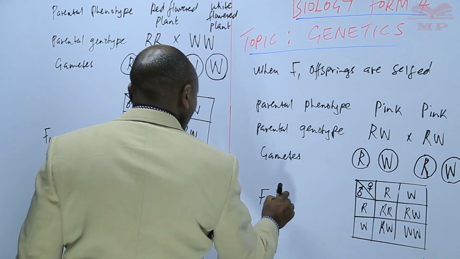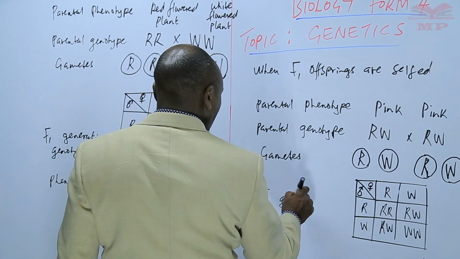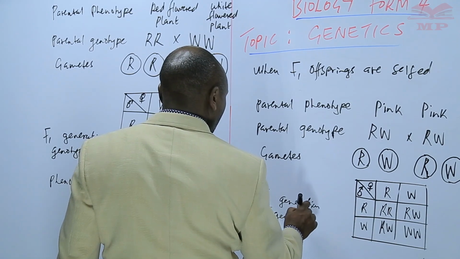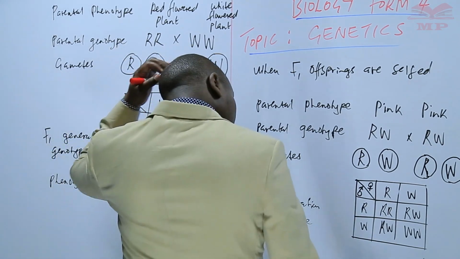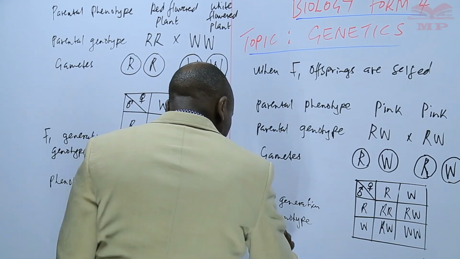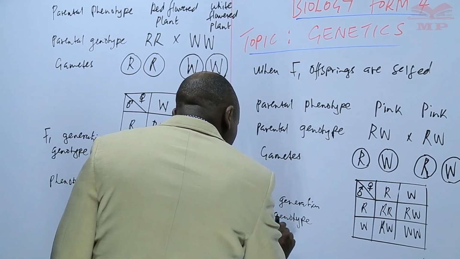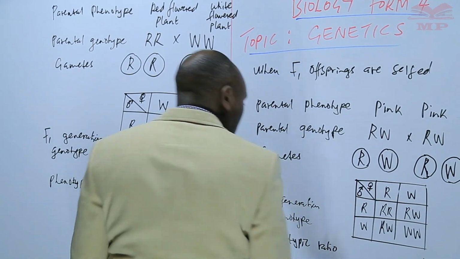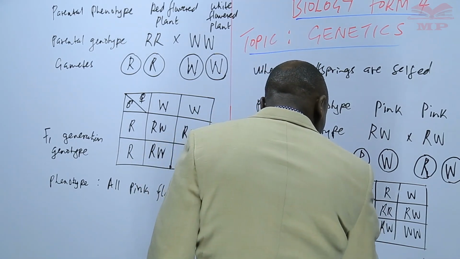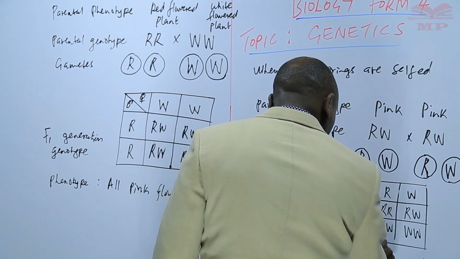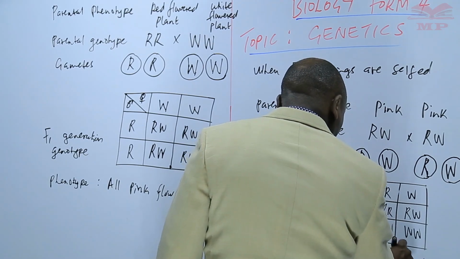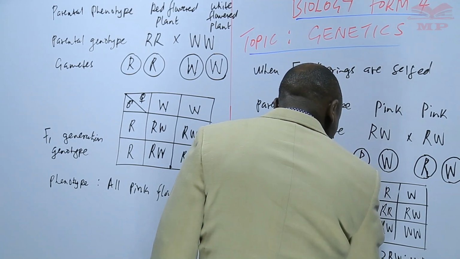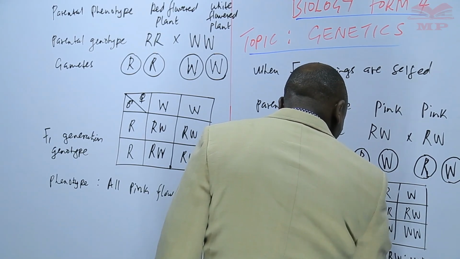This is the F2 generation genotype. So the genotypic ratio is 1 RR, 2 RW, and 1 WW, and therefore it's 1:2:1.